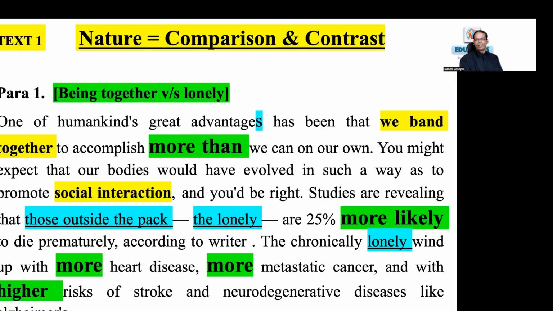So the questions will be between being together and lonely, social relationship and loneliness. I'm not going to explain this paragraph, just to tell you what a comparison and contrast type of paragraph is. The questions will be based on the pack, outside the pack, the lonely and the socially bound together: people who are socially related and the lonely people, and what are the results or outcome of loneliness.